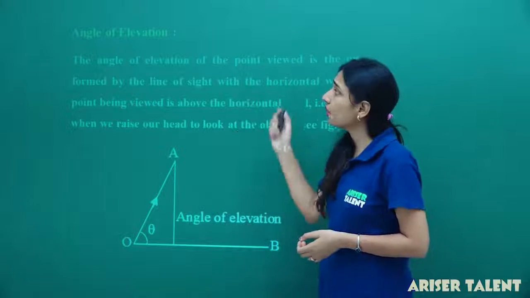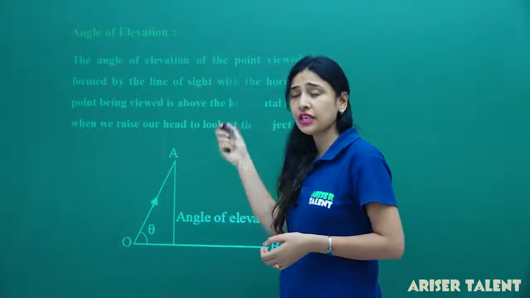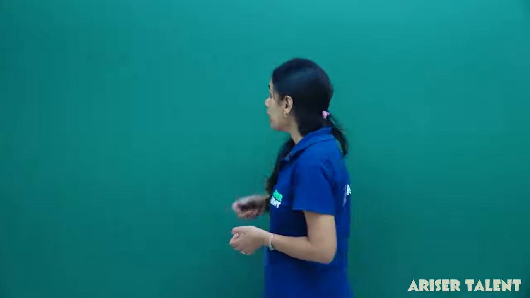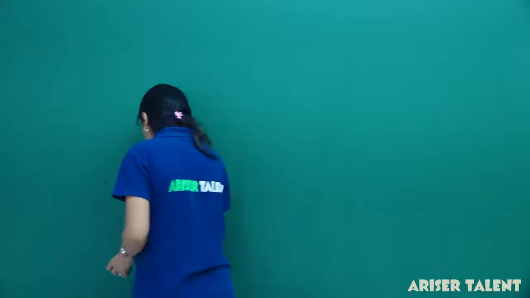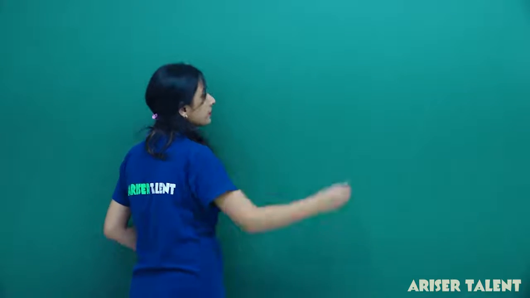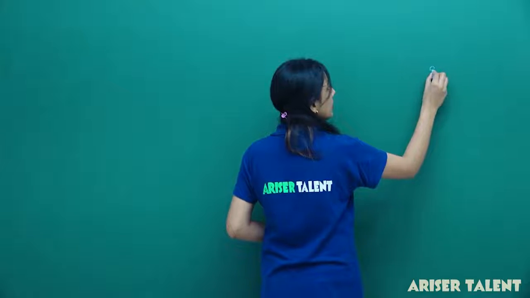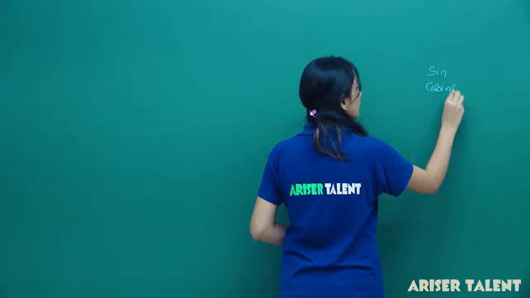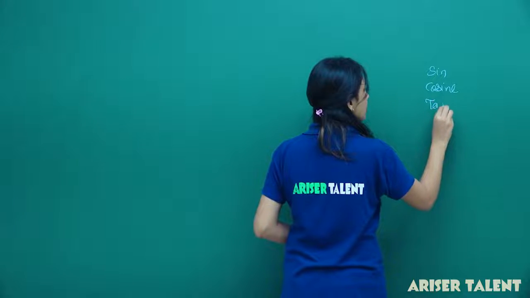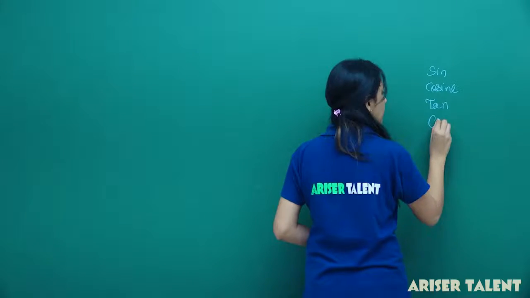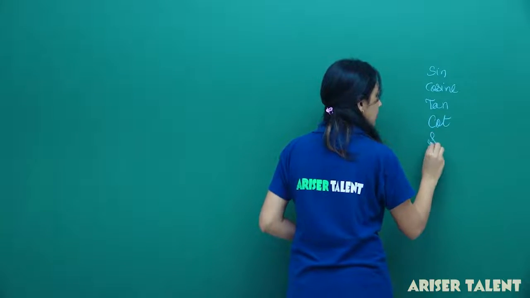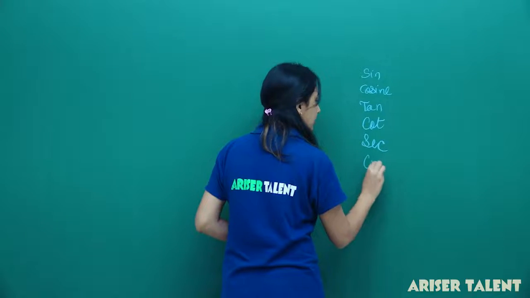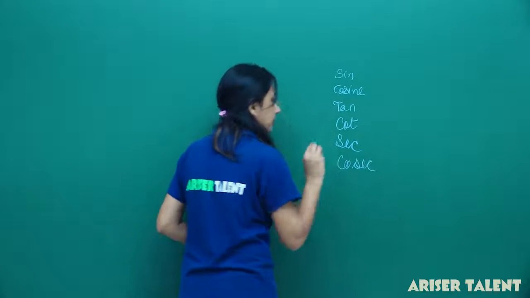so before going through the angle of elevation and angle of depression, let me recall something to you. What we have studied was sine, cosine, tangent, cotangent, secant and cosecant.